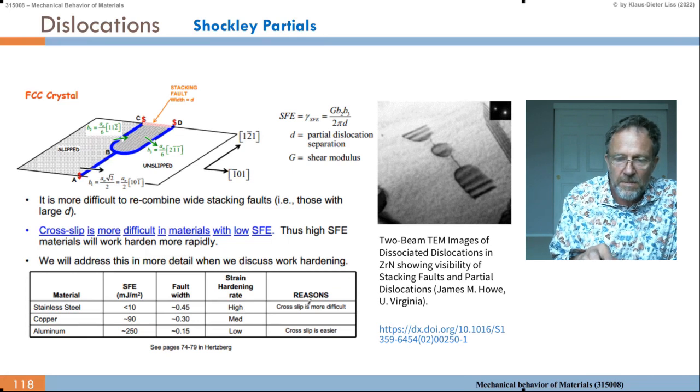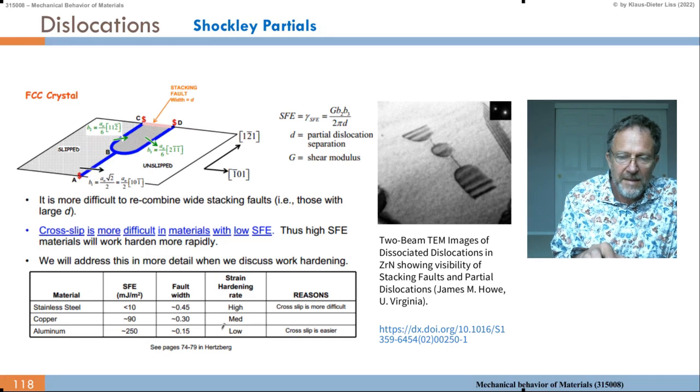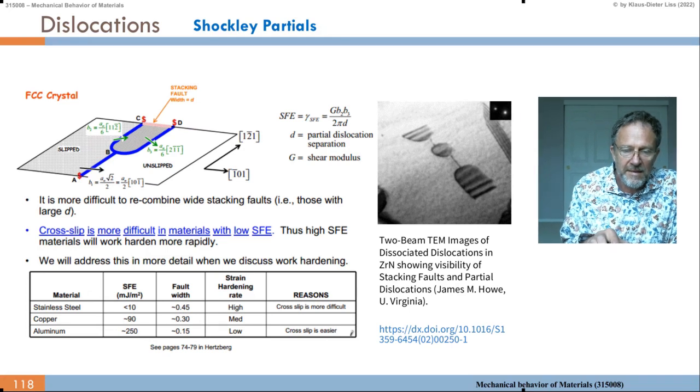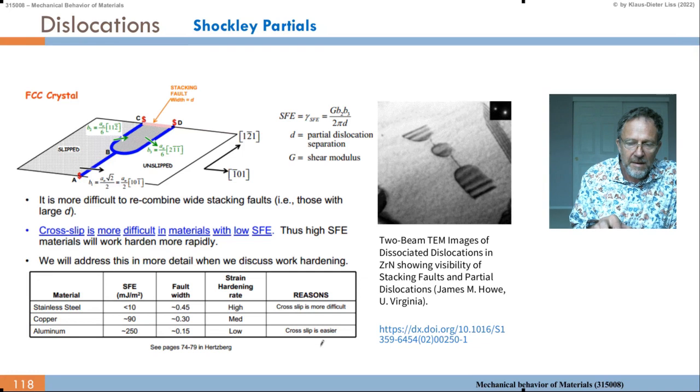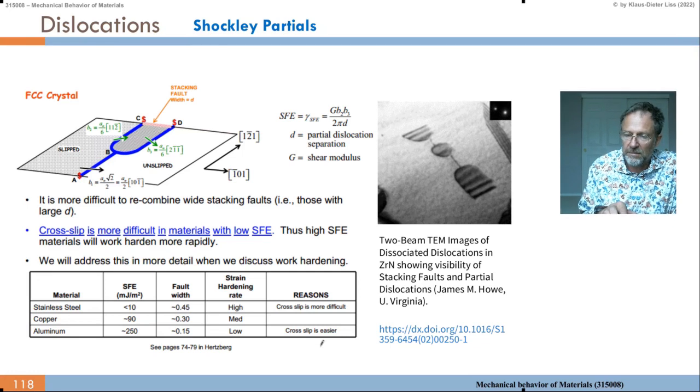So cross slip is more difficult. For copper it's medium, so we compare it to copper, and for aluminium it's high. Stacking fault energy is 250 millijoule per square meter, so 25 times higher than for stainless steel. And the fault width therefore is narrow. Strain hardening rate is low, and cross slip is easier.